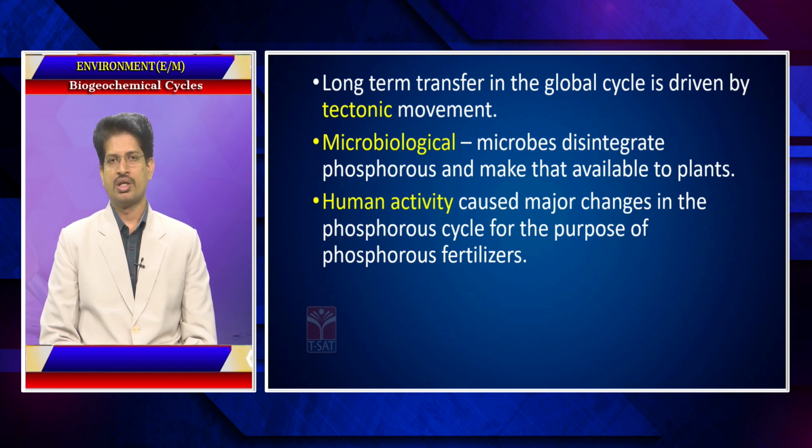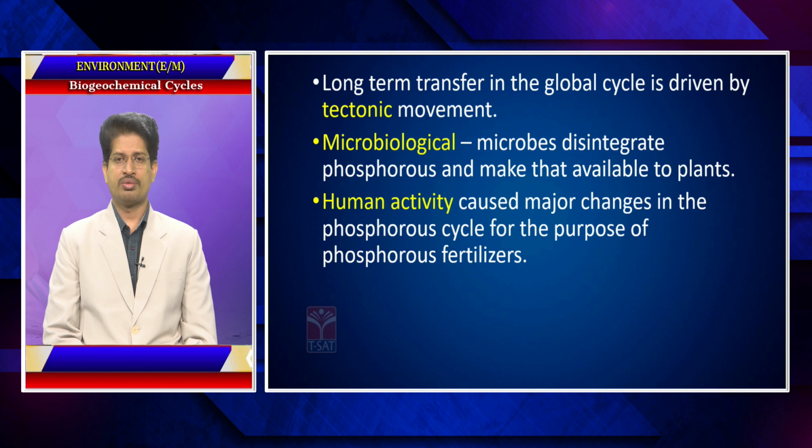Because of this, it leads to volcanic activity at the boundaries. Volcanic activity at the plate boundaries and at any other fracture zones leads to the emergence of phosphorus from the rocks, which can be made available to the plants.